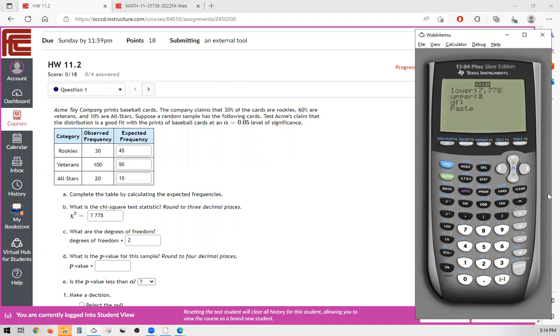The upper, we're always shading to the right. If you imagine the chi-square distribution, the lower is the test statistic and it shades to the right. So the upper is positive infinity, but we're going to use quadruple 9 as our proxy. The degrees of freedom, again, is 2. And we're going to press paste, press enter. And there's our p-value. Rounded to 4 decimal places, that's going to be 0.0205.